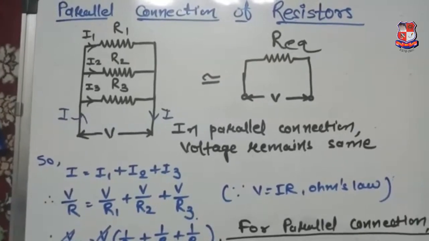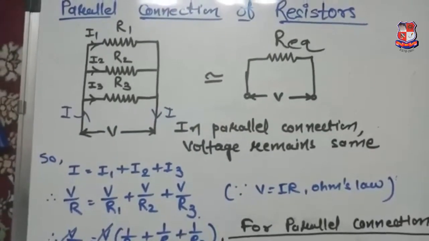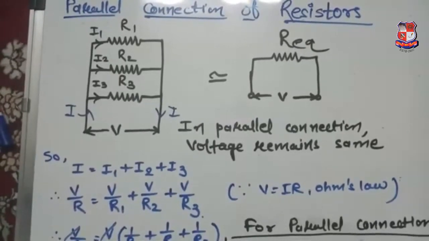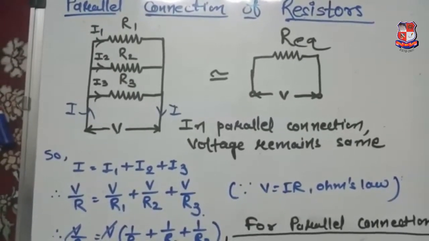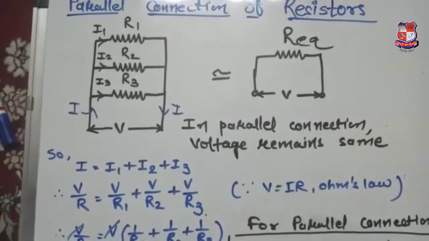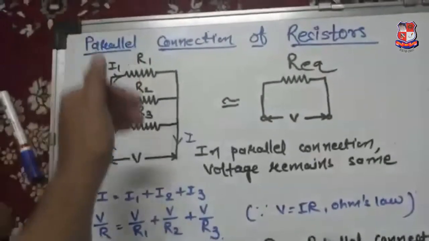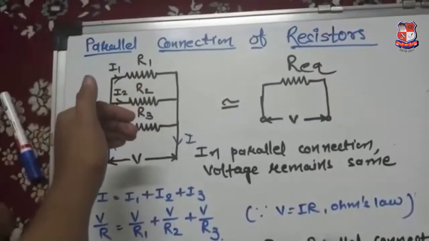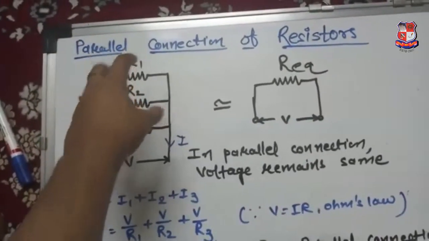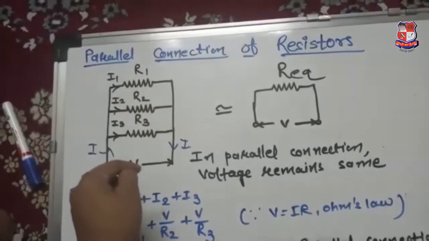Now in a parallel connection, remember one thing: voltage remains the same. Means the voltage across all the elements which are connected in parallel is the same, but the current is different. When these 3 resistances are connected in parallel and this parallel connection is connected across the supply, at that time what will happen?